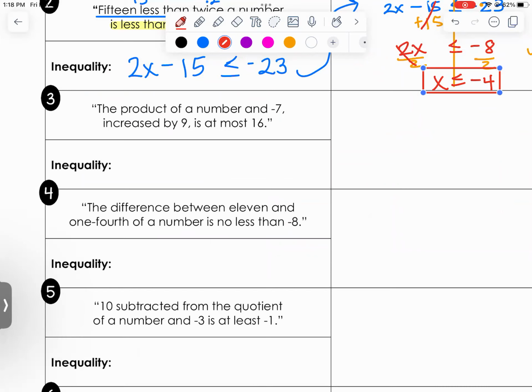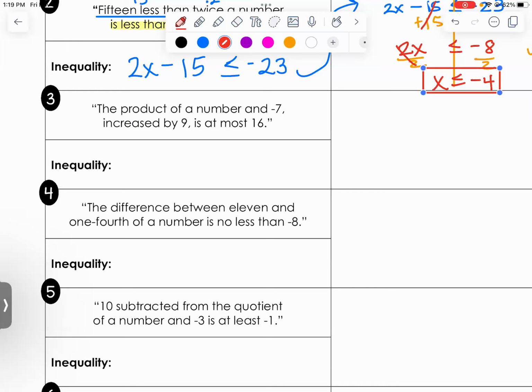What's the product? So a product of a number, think of it as the product of is telling you that a number and 7 are being multiplied.